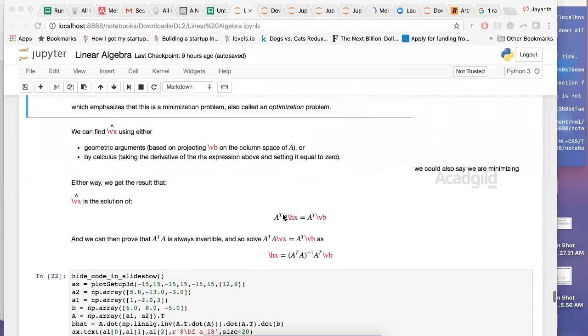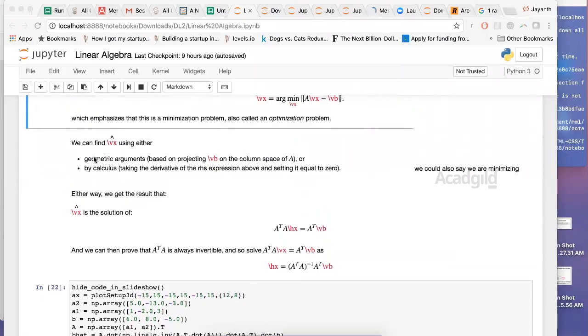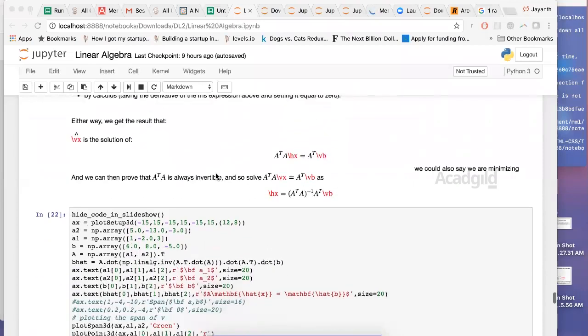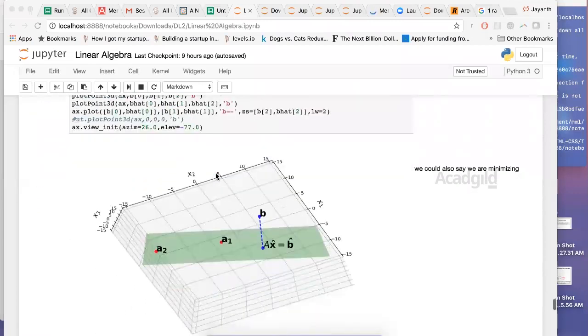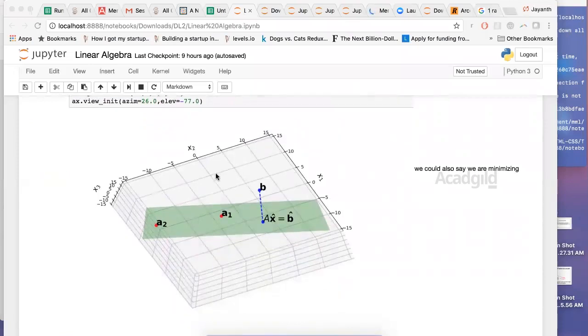There are two ways. One is geometric arguments based on projecting B on space A. Second is taking the derivative of the RHS expression and setting it to 0. We'll look at that a little closely. So again, this is a graph. He's just simply taking a projection of B on the plane of X.